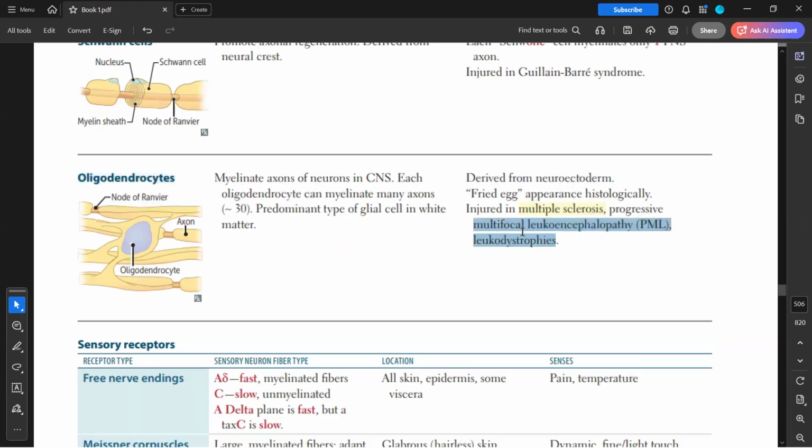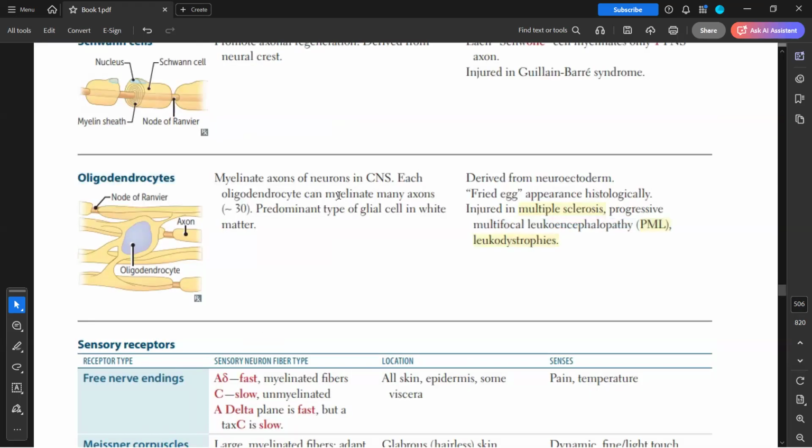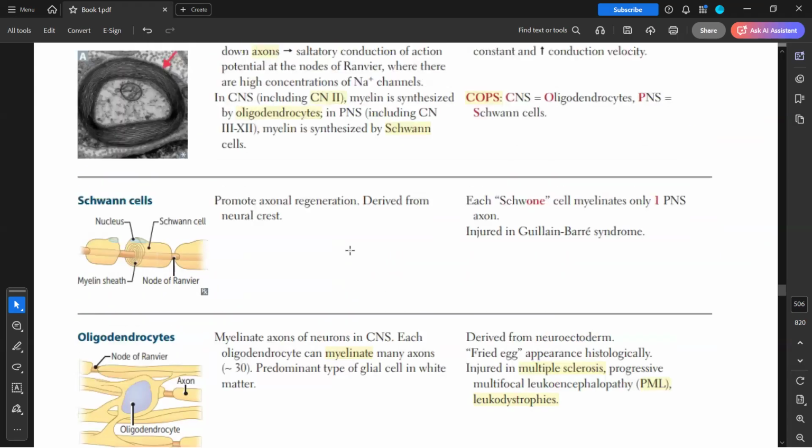And progressive multifocal leukoencephalopathy, PML, which is very common, and leukodystrophy. So these are the three conditions where oligodendrocytes will be damaged and won't produce any myelin. They won't be myelinating any axons, which indeed decreases the conduction velocity.